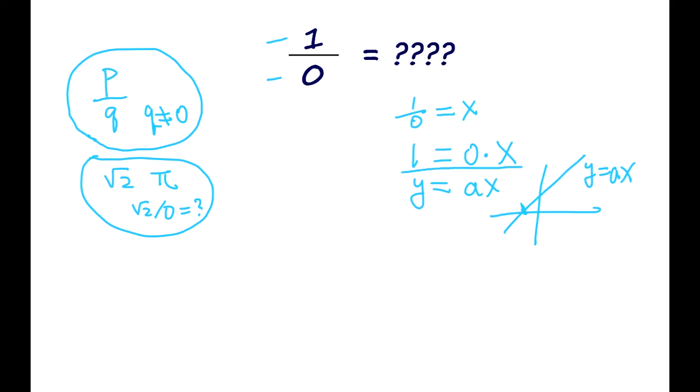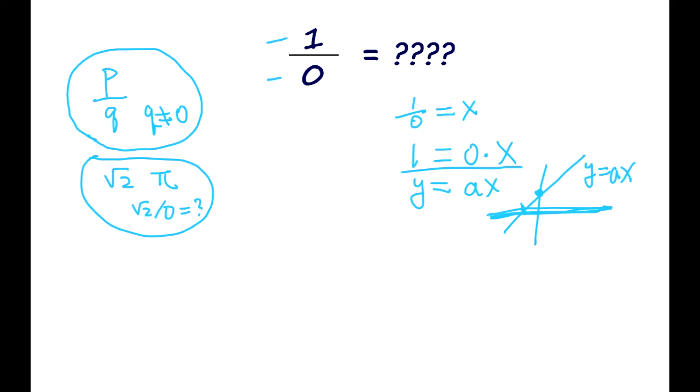In this case, look at the slope. It's 0, so the line is here, and the y is here, 1. So do they intersect? No. So the answer doesn't exist.